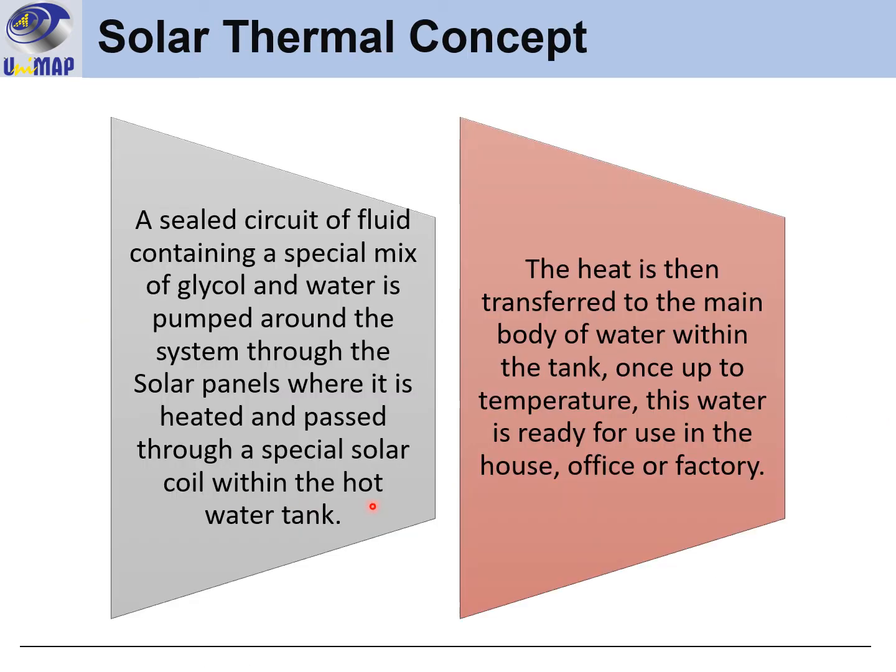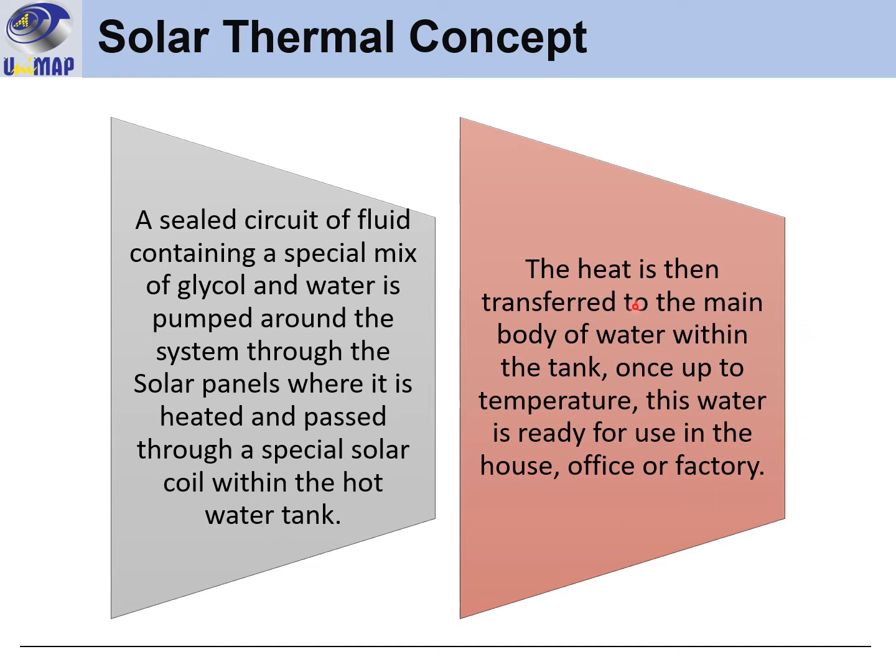The working fluid that I mentioned before is a sealed circuit of fluid, usually containing a special mix of glycol and water, pumped around the system. When the solar panel or collector is heated, this energy is passed through the liquid, and then through a special solar coil within the hot water tank.